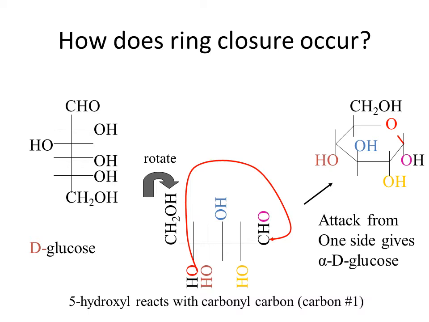And then the oxygen that was in the carbonyl now has become a hydroxyl. So you see this carbon has 2 oxygens on it up here at the right. When that hydroxyl group on that carbon is down, it's called alpha.